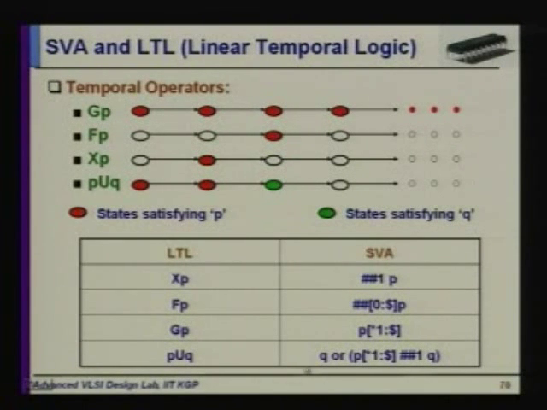P until Q means that it will finish this sequence with a Q, so Q must occur, or P any time followed by a Q. If the first time Q occurs, it's true. So there are certain similarities between these two. That's why I expressed this.